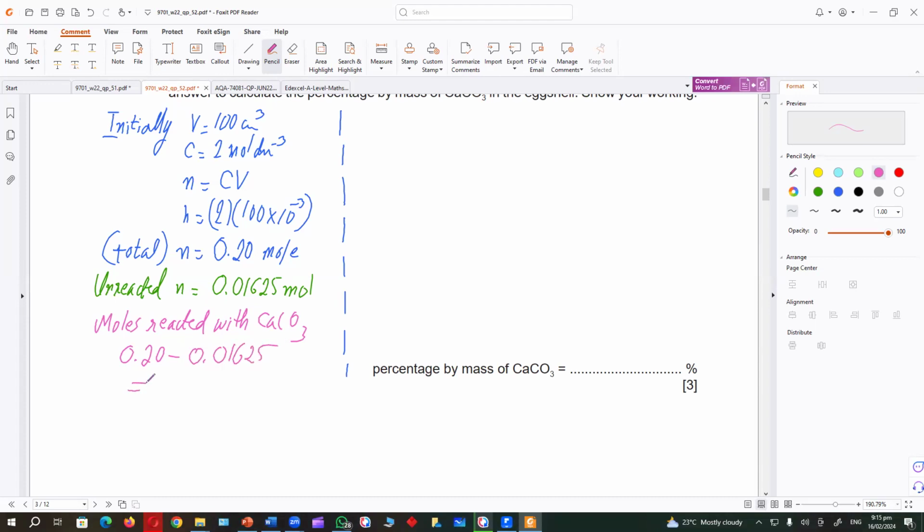So subtract them. It will be 0.18375. Okay, so after subtraction, I'm getting 0.18375.